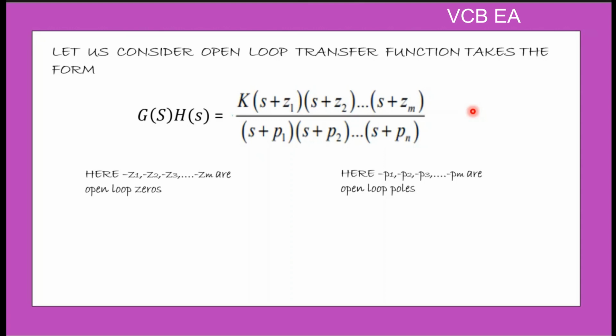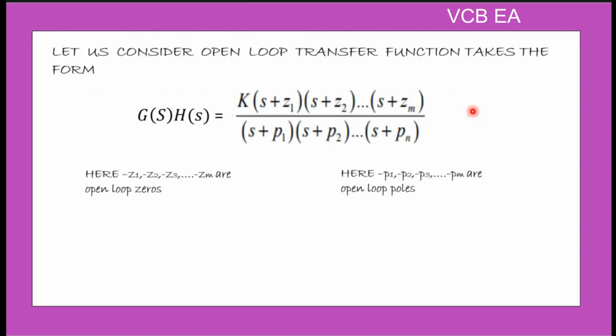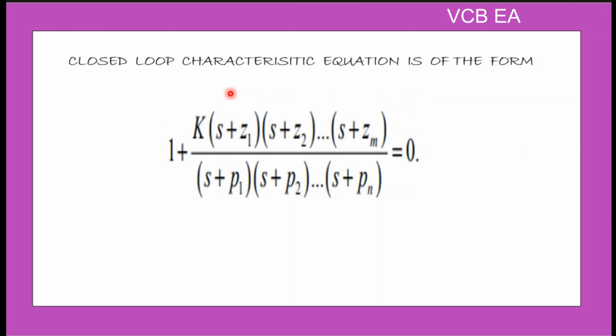As I mentioned earlier, root locus is the locus of closed loop poles as the system parameter is varied, and I want to tell you what the system parameter is that we are looking for. The system parameter that we are looking for is the value K. And now let us discuss how this constant value K affects the stability of this closed loop control system.